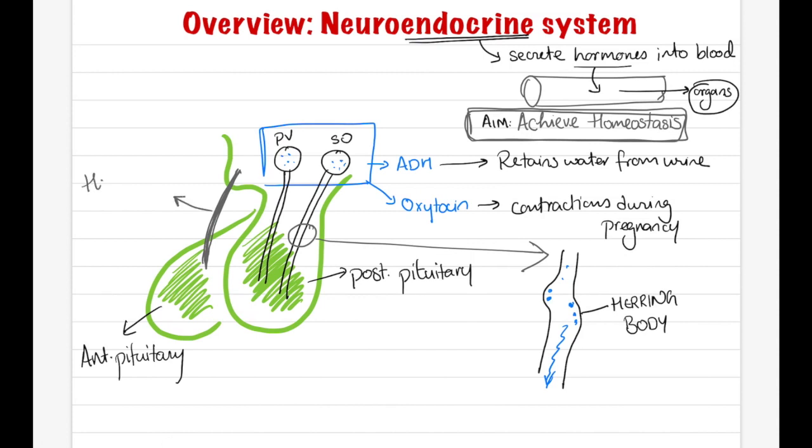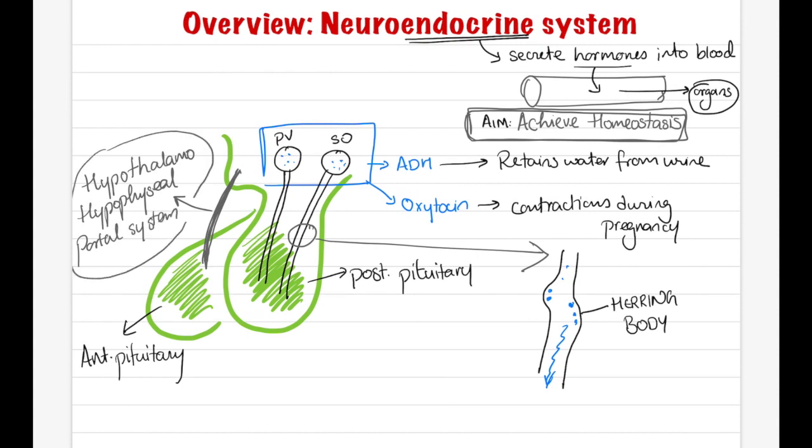This is a capillary system which connects the hypothalamus to the anterior pituitary. It's known as the hypothalamo-hypophyseal portal system. These capillaries' function is to move hormones from the hypothalamus onto the anterior pituitary.